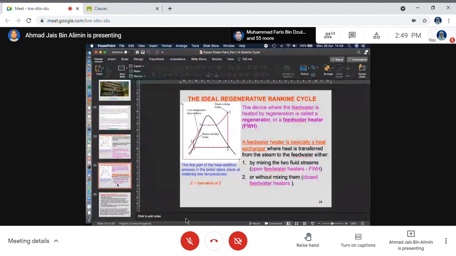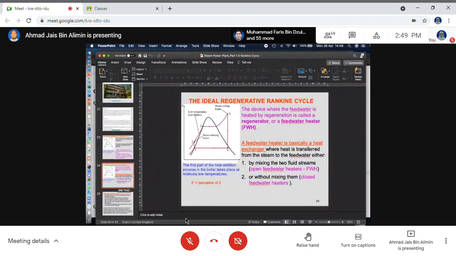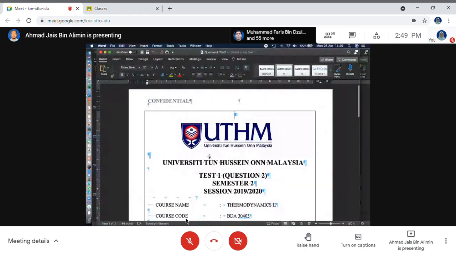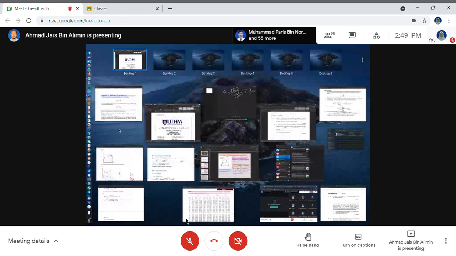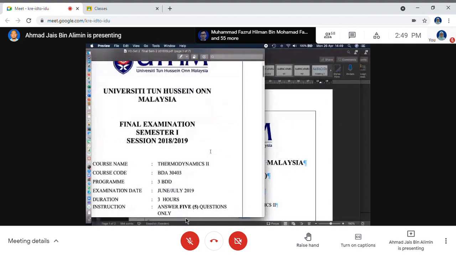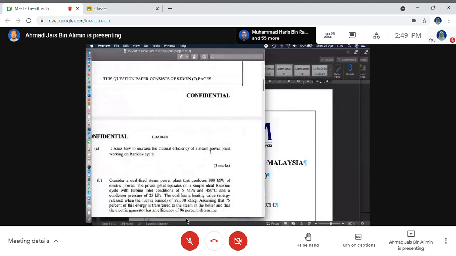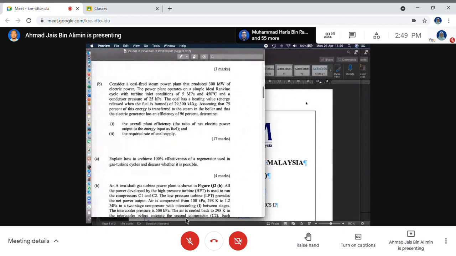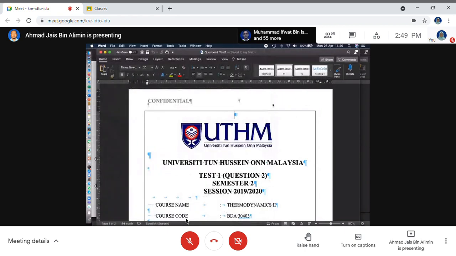Ni tahun 2018 ini tadi. Soalan tadi. Okay. Ini tahun 2019. Okay, ini contoh test 1.